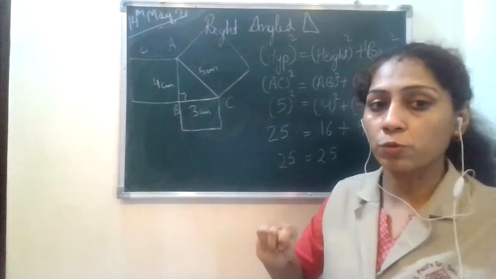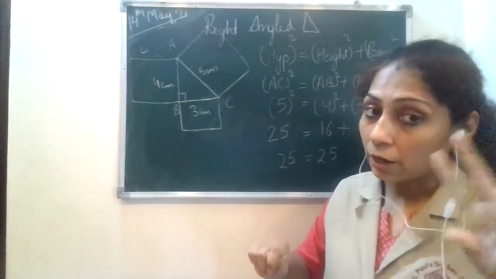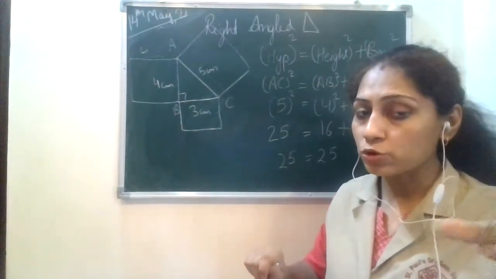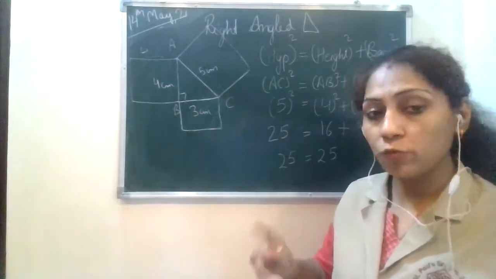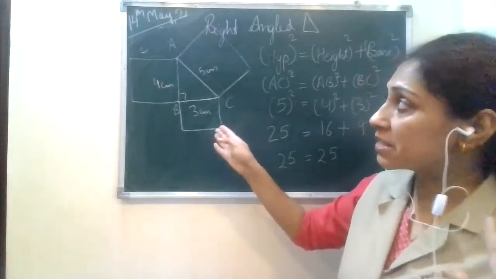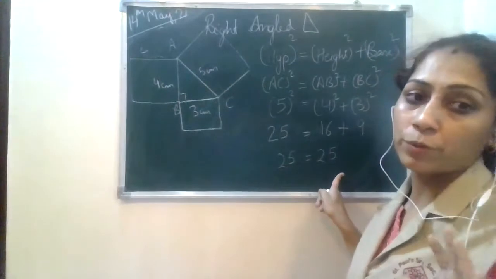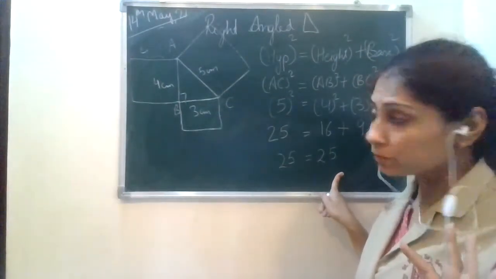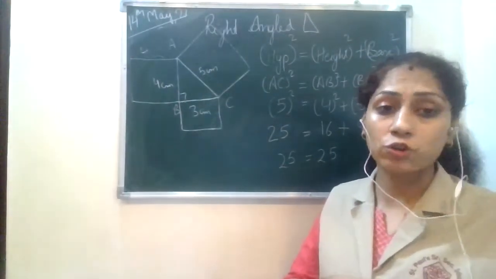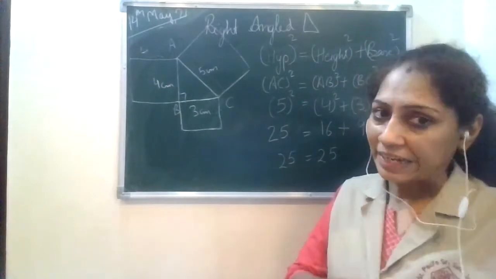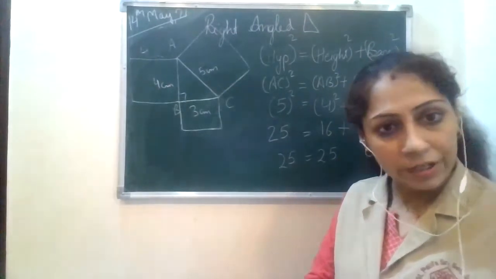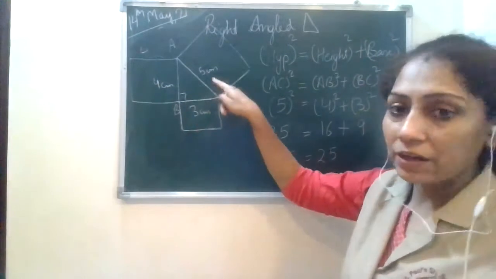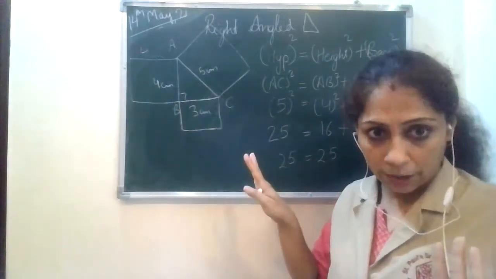Even the figure is not possible. The 2 properties which I taught you yesterday will also apply. But yes, once the right angle triangle has come, this property will hold. Pythagoras demands that a triangle should be a right angle triangle. Only then it is possible. The measurements of its sides are also definite.